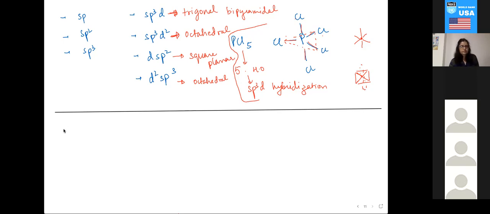Ma'am, could you also write the shapes of SP, SP2, SP3 once again? SP, you tell me what you think is the shape of SP? If there are only two orbitals, how will you arrange both of those? Will it be linear? Correct. SP2, so there are 3, how will you arrange the 3?